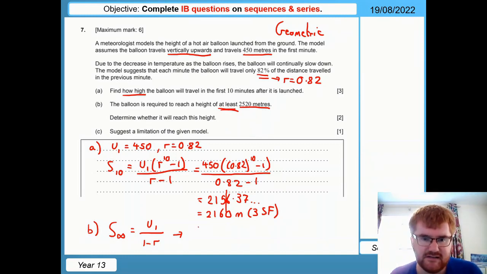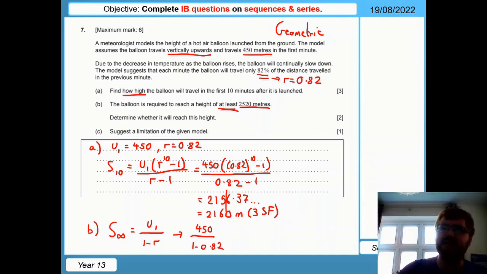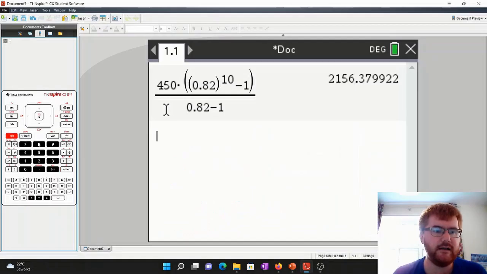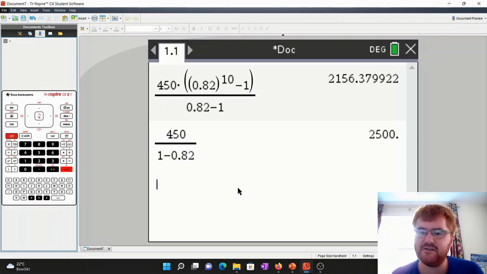So if I type this in, this is 450 over 1 minus 0.82. So let's go to the calculator. Let's see if it's more than 2,520 meters. Okay, let's type this in. So we have 450 over 1 minus 0.82. And we get 2,500.